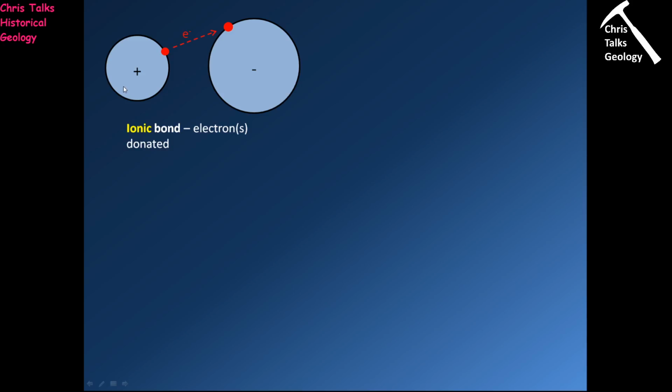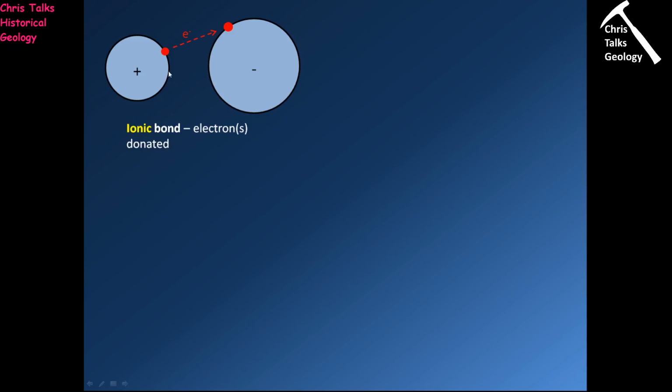That means it has one more proton than electron, and of course protons are positive, so this atom becomes positive. Whereas this atom has now gained an electron, so it has one more electron than proton in its nucleus. So now all of a sudden it's ever so slightly negative because it has that extra electron.